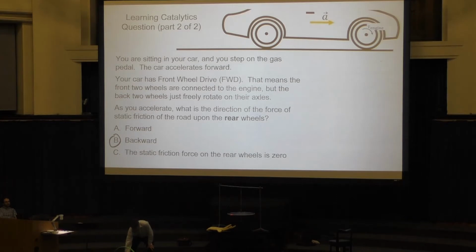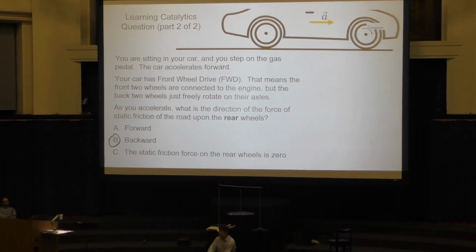So if it's not connected to the engine, it's just being dragged along. So if it was a frictionless surface, it would go like this without rotating. But instead, it's a friction-y surface, so it has to rotate. So I think that this is the sliding motion that would happen if there was no friction forwards. So the friction from the ground on the wheel has to be backwards.